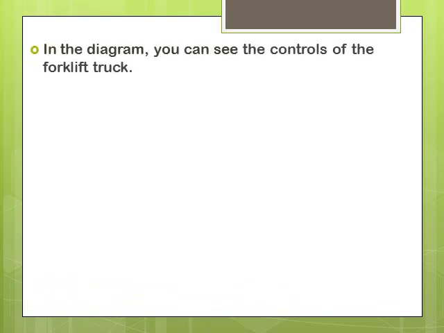In the diagram, you can see the controls of the forklift truck.